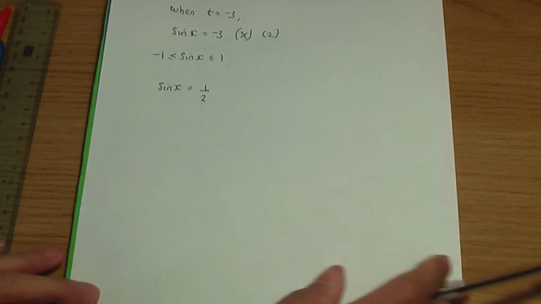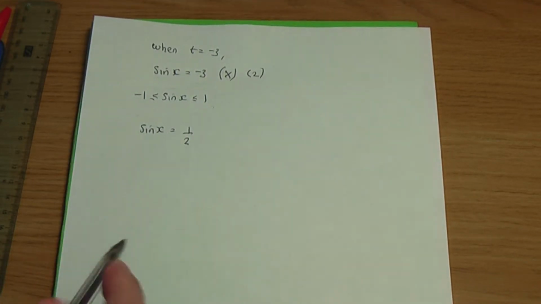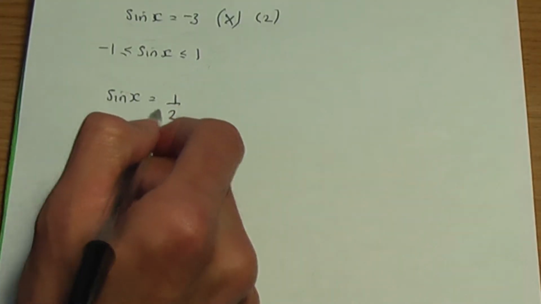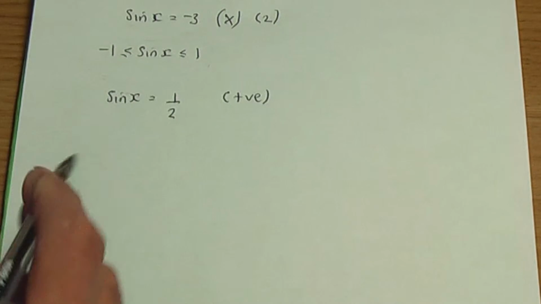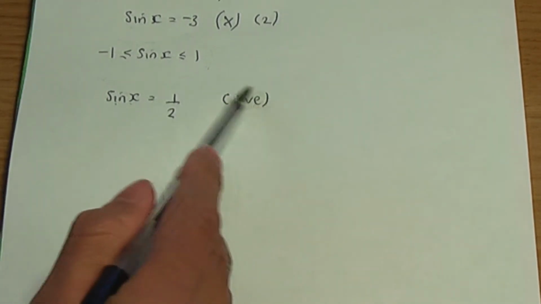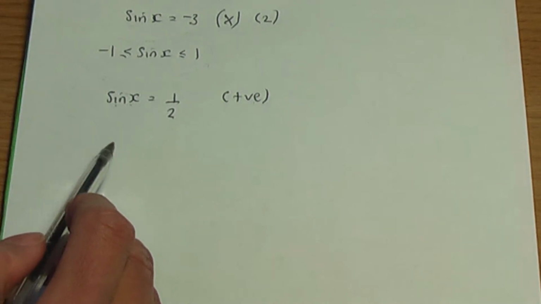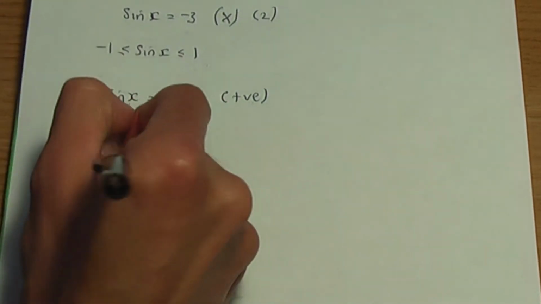Now, the first thing to note is that the half on the right hand side is positive. So we're solving sine x equals plus half. So we have sine x being positive, which means we need to plot the angle where sine is positive on our cast diagram.